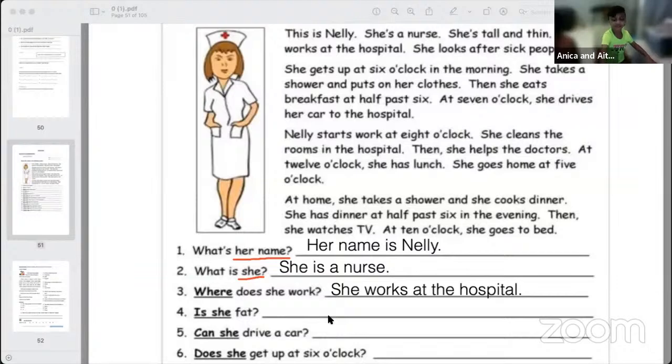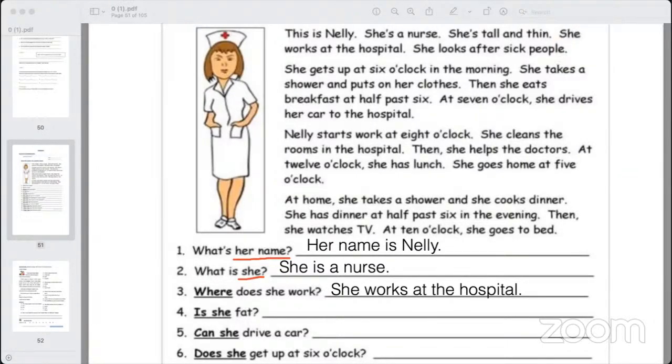Oh, she's thin. Good. So you would say no. She is thin. You can say she is thin, or you can say no because she's not fat. You say no, and then you put a comma. She is thin.